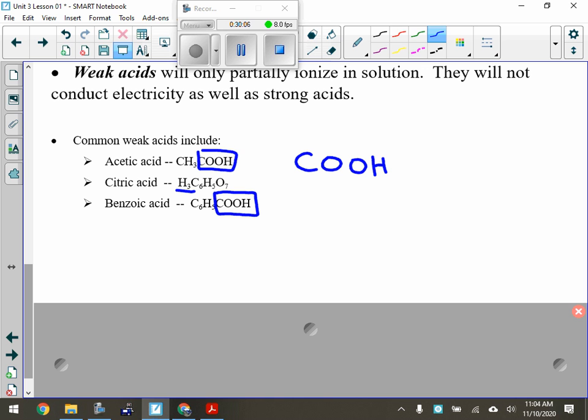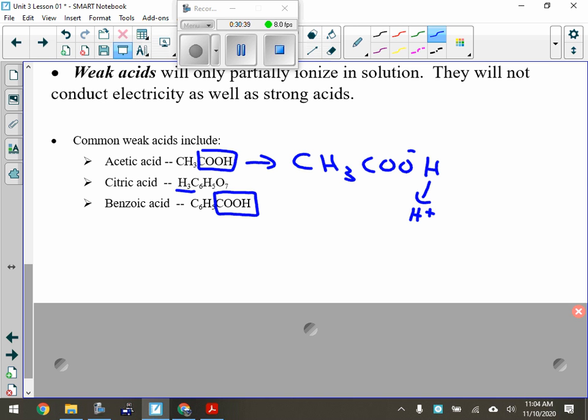Technically, in this one here, CH3COOH, this is actually the H plus right there, and then this is the minus part, but it's grouped together as COOH. It's called a carboxylic acid. Again, that's a next year thing. So different kinds of carboxylic acids.